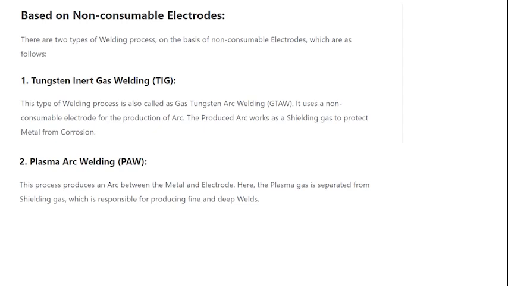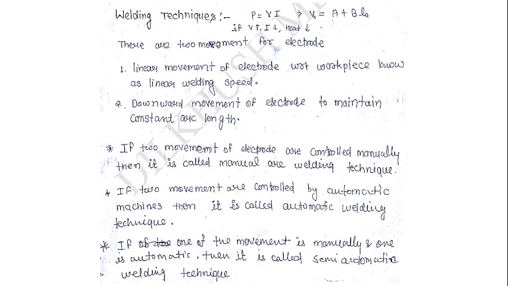So you will be comfortable with this whole plasma, right? The working of these two, TIG and PAW, we will also see. TIG is very important. Most of the time they ask numericals from this.